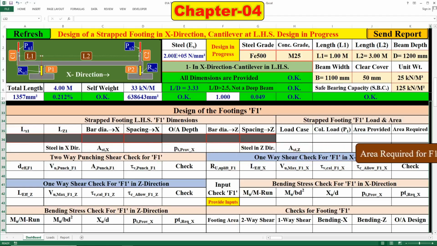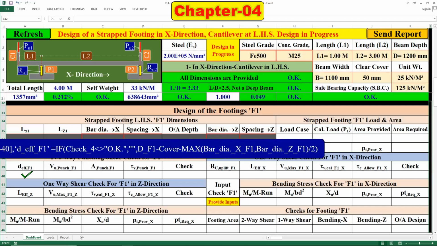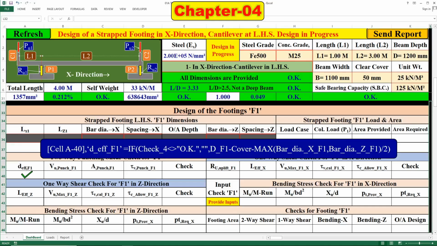Now, we are seeing the formula for the calculation of two-way punching shear and its check for footing F1. The calculations for punching stress are in cells A40 to D40, and in cell E40, we are going to check the calculated punching stress against the allowable punching stress. The defined name for cell A40 is D_EFF_F1.